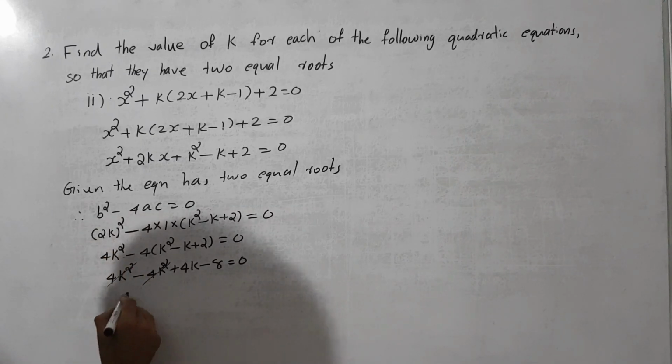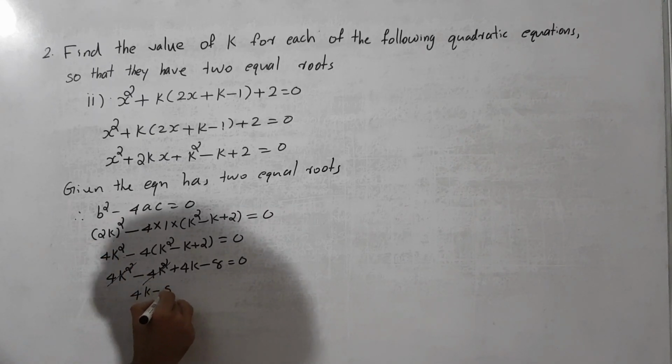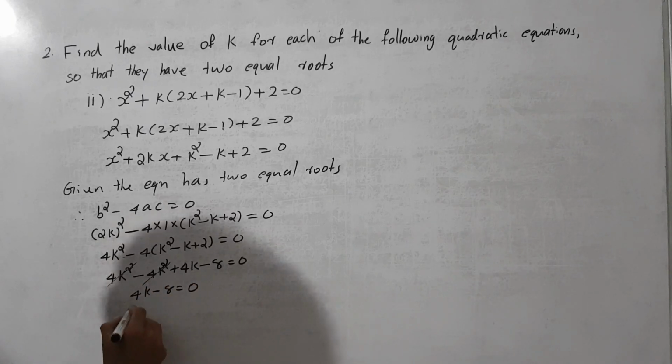Then remaining 4k minus 8 is equal to 0.